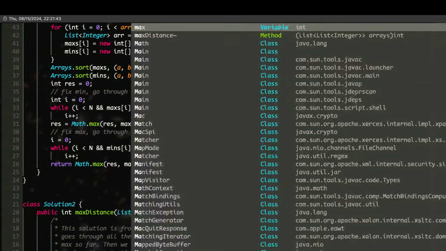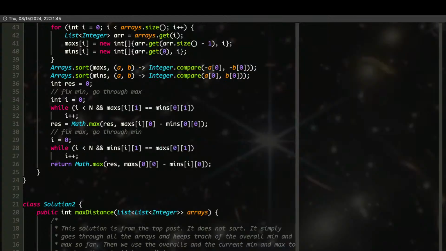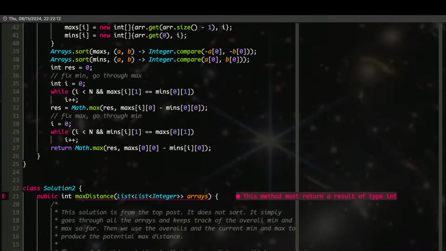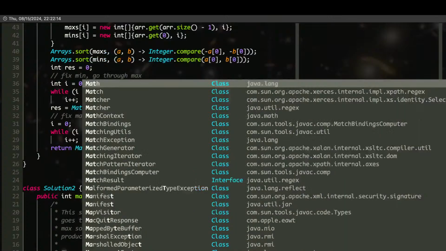We can say max minus current min. Might get too long, let's just do ABS. Min minus current max. Okay. Once we do, we update min.